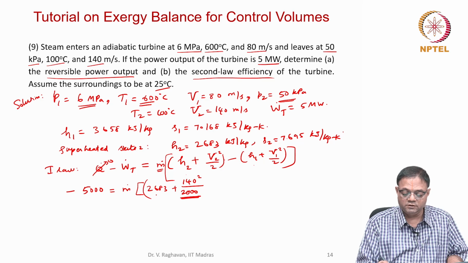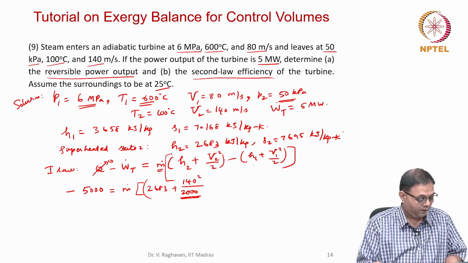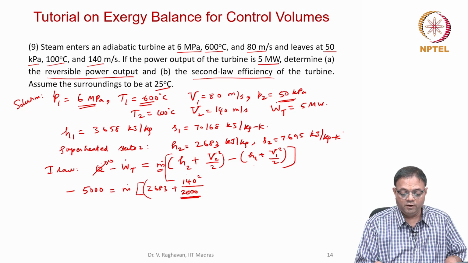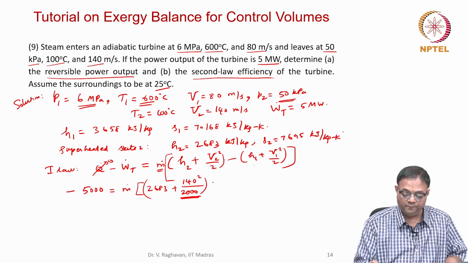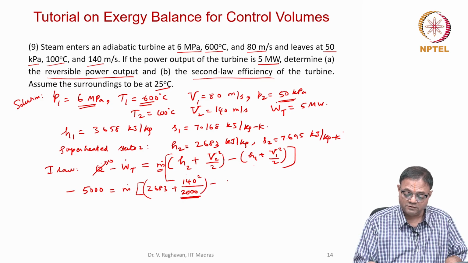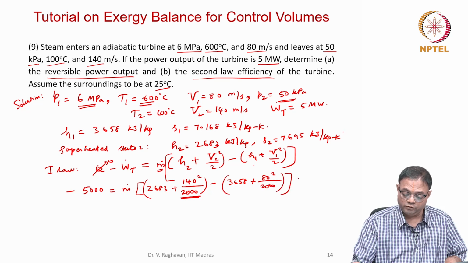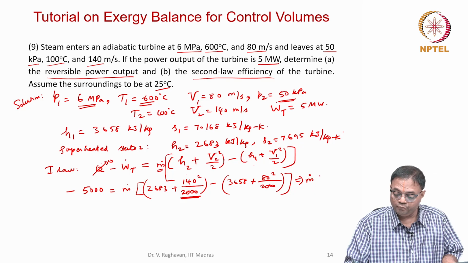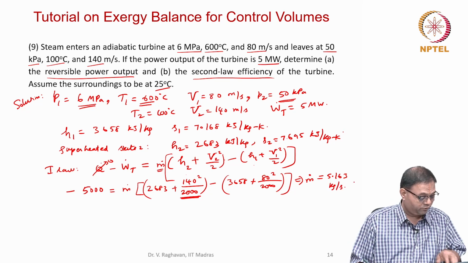Please understand that 140 square by 2 is in joule per kg, so by dividing by 1000 I convert into kilojoule per kg, or else the units will not match. So the mass flow rate of the steam is equal to 5.163 kg per second.